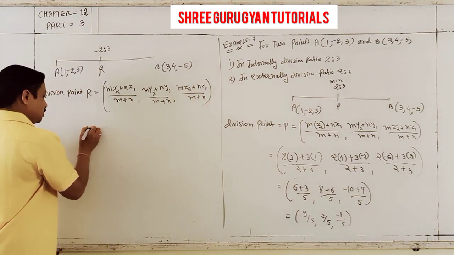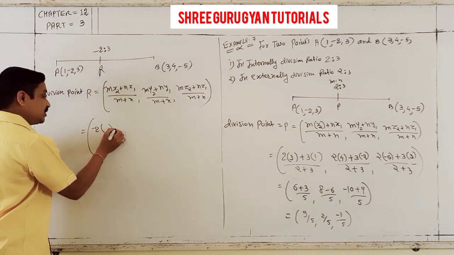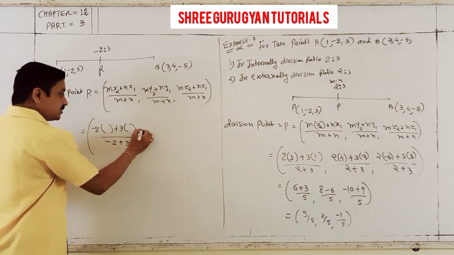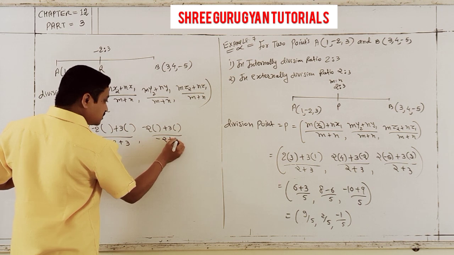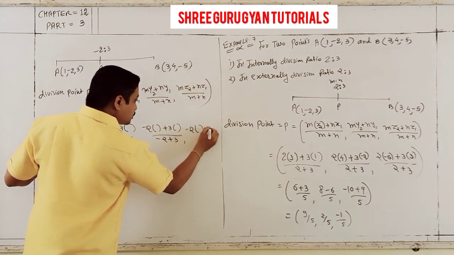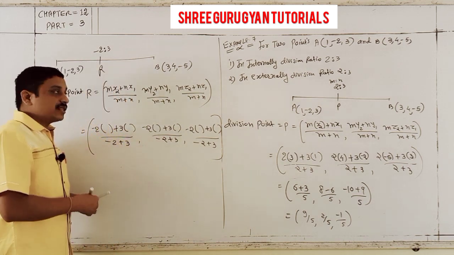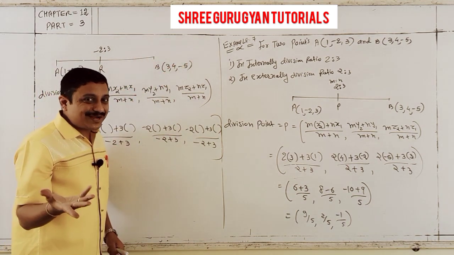Students, just apply your values, m:n is minus 2:3, minus 2 plus 3, the same, minus 2:3, minus 2 plus 3, and minus 2:3. Just apply: this is your x1, y1, z1, and that is my x2, y2, z2.